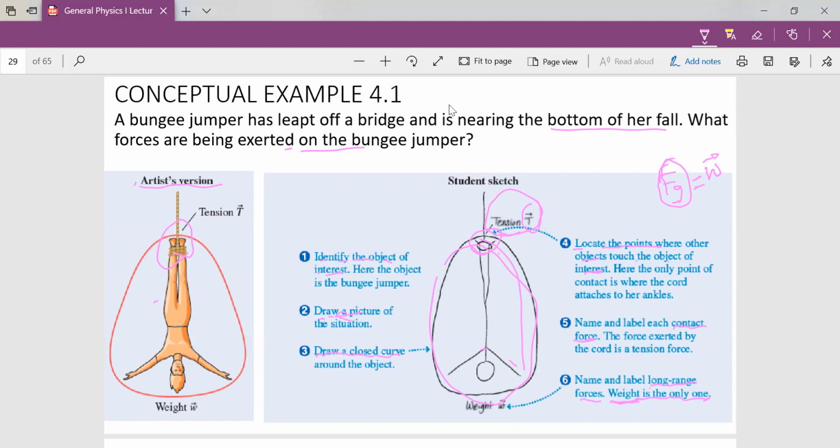Weight has already been defined as the force due to gravity, or force under gravitational pull. So we can always say tension force. You get it?